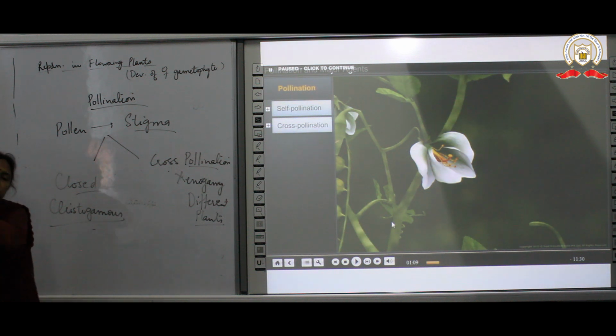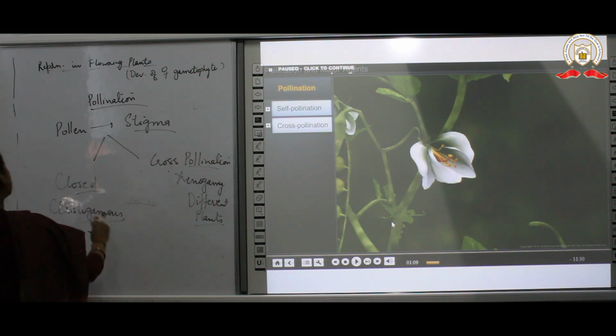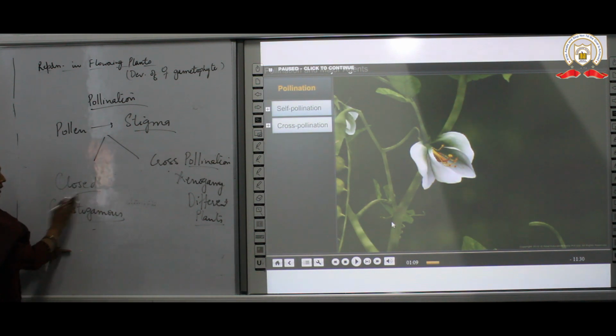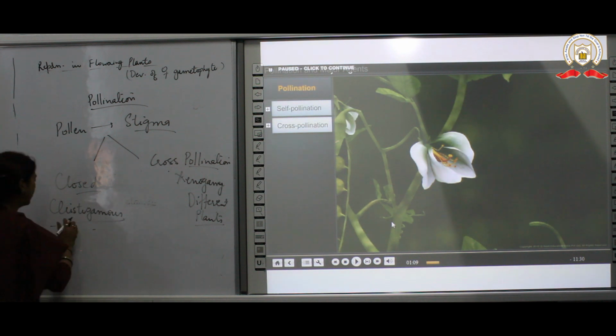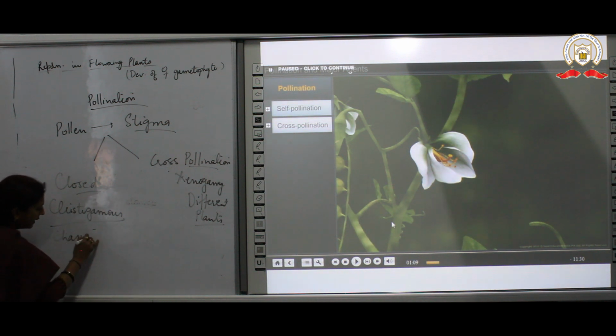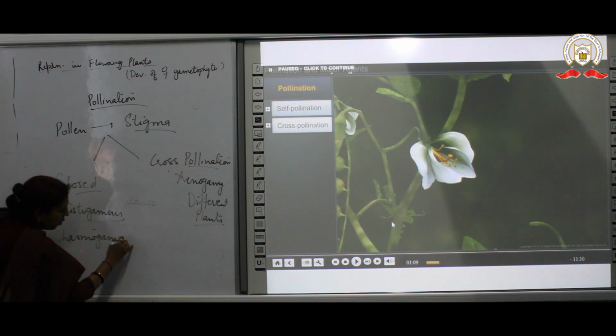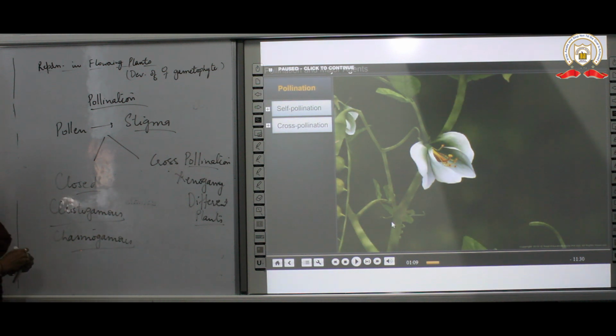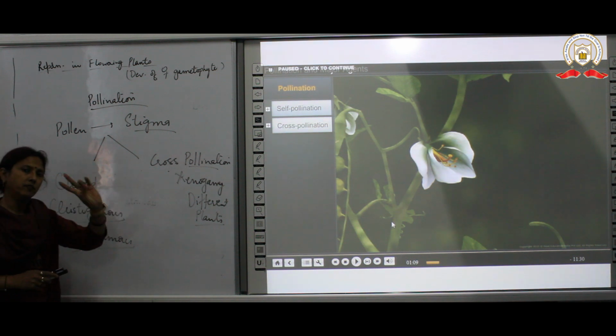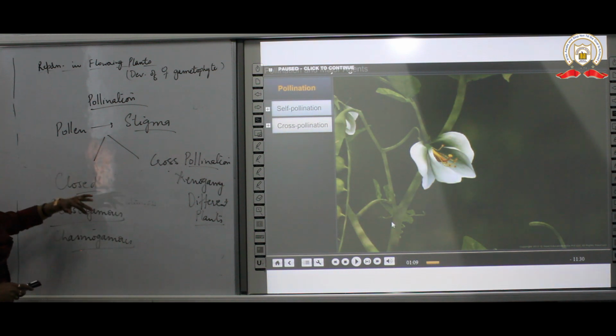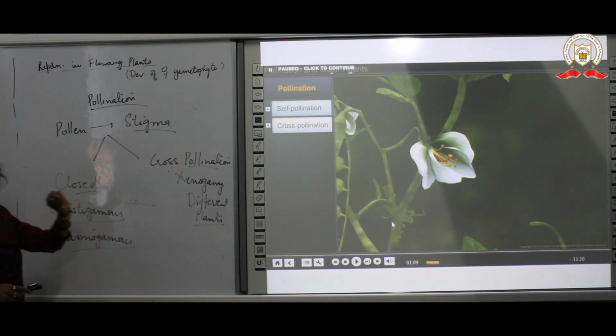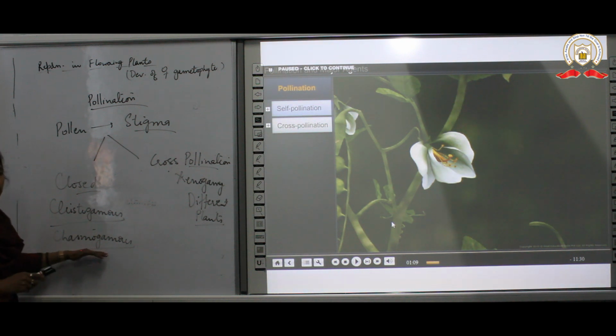There are certain plants which show some flowers as closed or cleistogamous flowers and some flowers as chasmogamous or normal flowers. So these plants show two types of pollination. One is self-pollination in the closest manner because the flowers are closed and ensure self-pollination, and some other flowers are chasmogamous, like any other normal flowers. They may need a pollinating agent. They may not be self-pollinating.